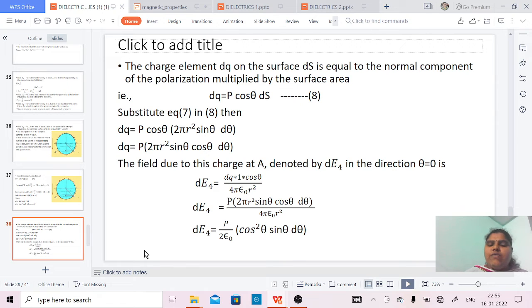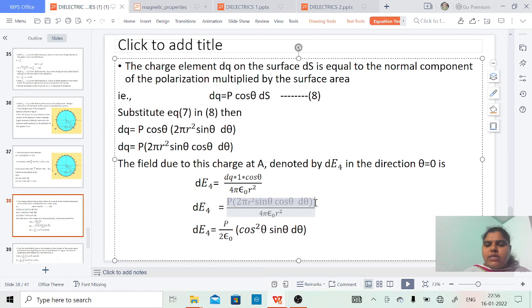Okay, so dE4 equals P into 2 pi r square sine theta cos theta d theta by 4 pi epsilon naught r square, replacing the dq value, and again there is a cos theta. So P by 2 epsilon naught, pi r square gets cancelled, so sine theta cos theta, and here also another cos theta.